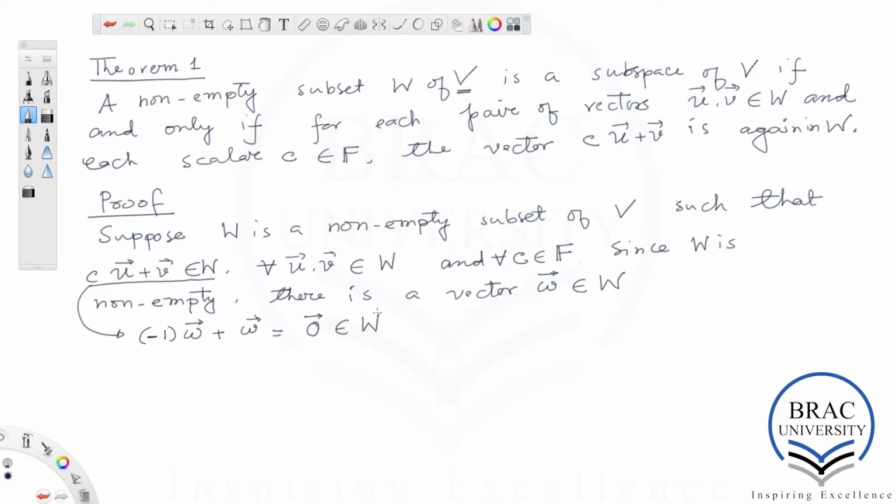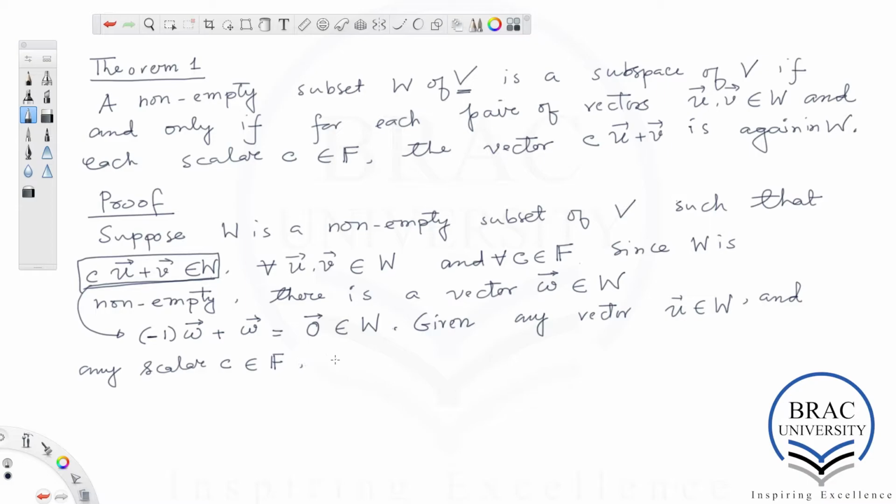So we just check that the 0 vector is in the subset W. Given any vector u in W and any scalar c in the field F, since this holds, c u plus the 0 vector should be in W as well.